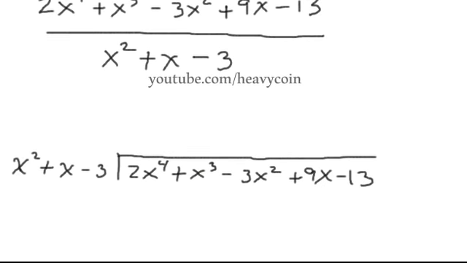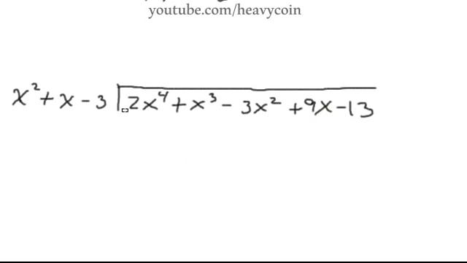Alright. X squared goes into 2x to the fourth. You're going to be left over with 2x squared. And then of course, remember, we multiply. So 2x to the fourth.